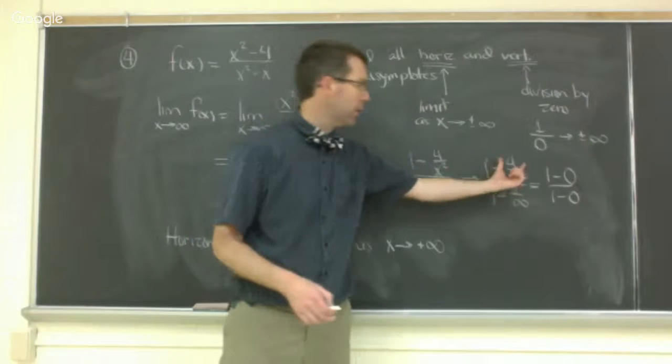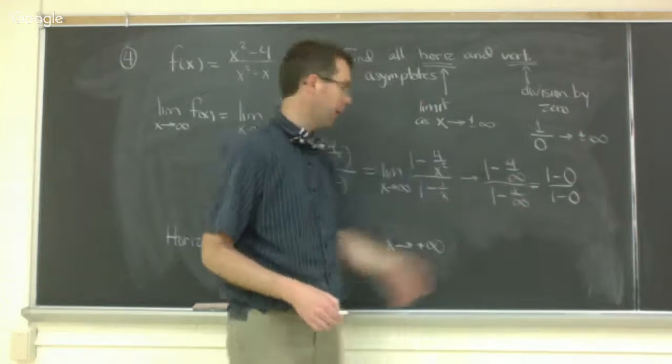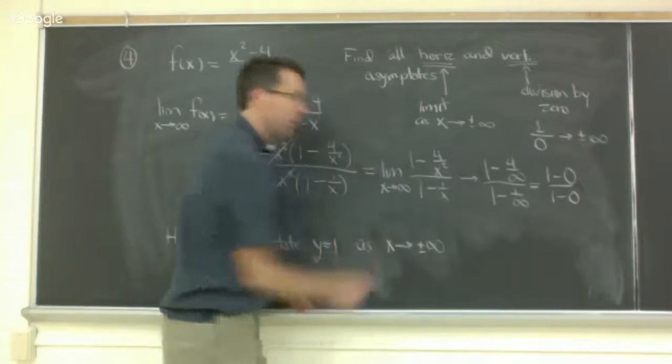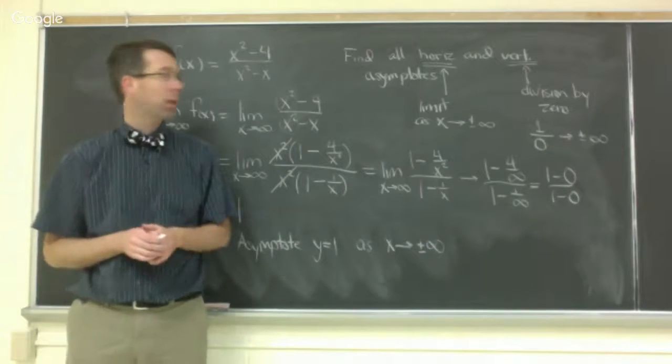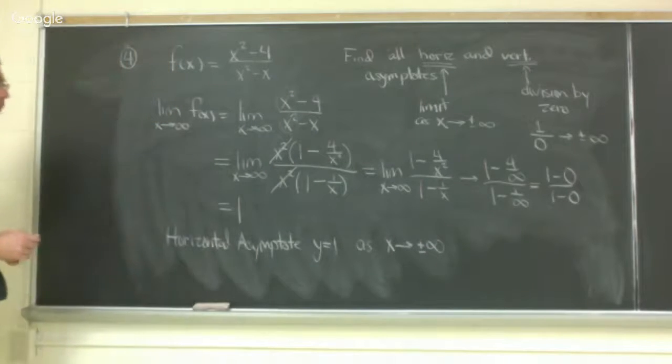So all of these things that are 0 are still 0 either way, and so technically, it's actually both sides. Both sides have the same horizontal asymptote. Okay, so that's our horizontal asymptote.